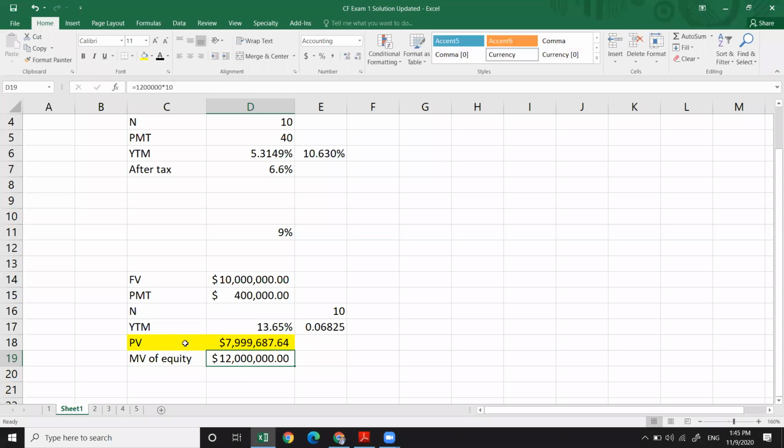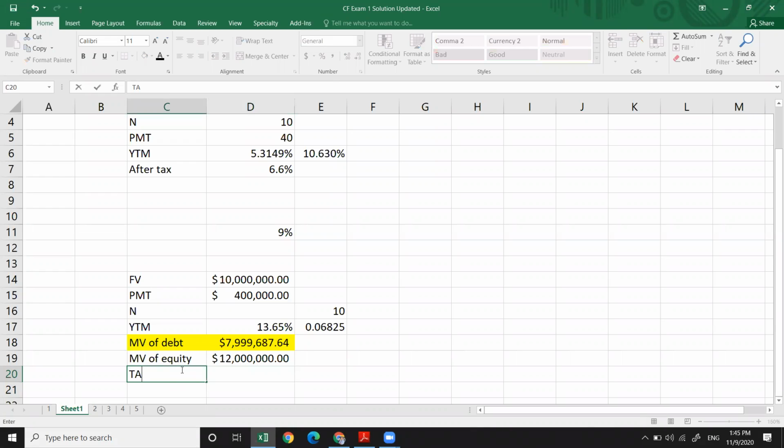And this is the present value of debt, or we can call it market value of debt, plus market value of equity, and the total value is the total asset. This plus this. And in percentage, the proportion is how you get it.